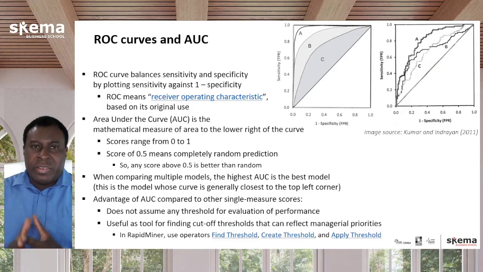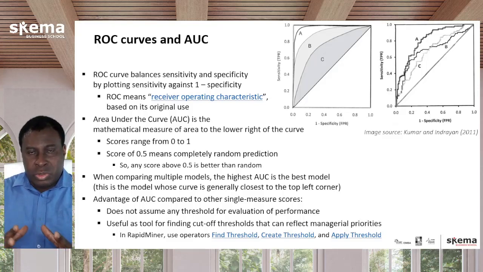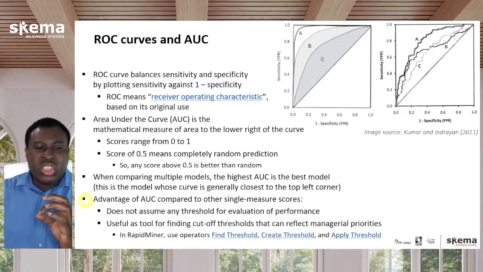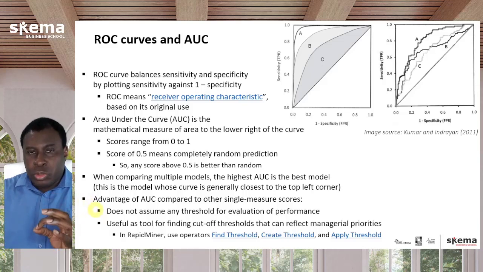I'm really not a fan of single measures for classification evaluation. Usually, you need more than one measure to see different aspects of it. But one notable exception is the AUC. The advantage that the AUC has over other single measure scores is that it does not assume any given threshold.